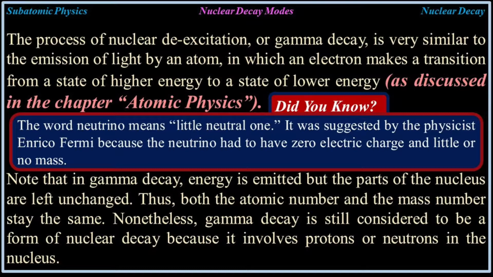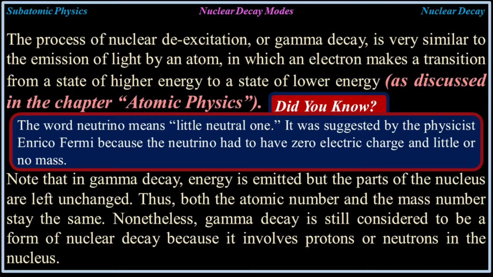The word neutrino means little neutral one. It was suggested by the physicist Enrico Fermi because the neutrino had to have zero electric charge and little or no mass. Note that in gamma decay, energy is emitted, but the parts of the nucleus are left unchanged.